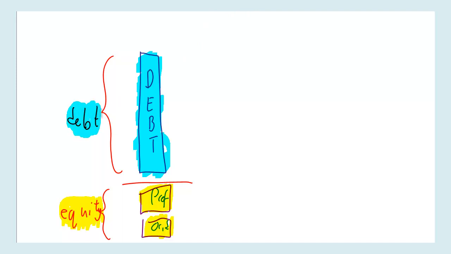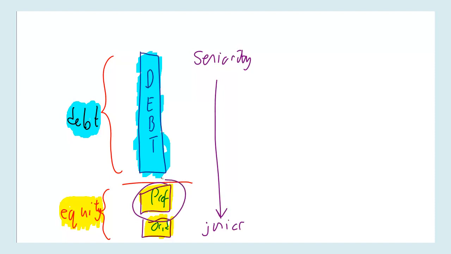Now we need to realise that we go from seniority up there down to being most junior down here. And as you can see, that means preference shares are more senior than ordinary shares.